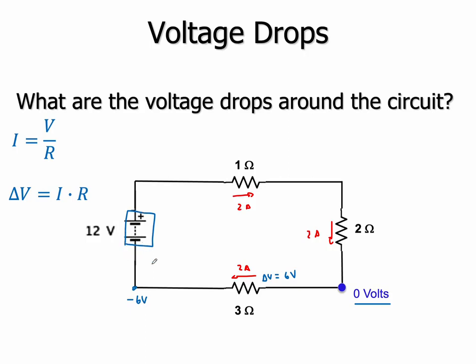The battery is going to allow me to gain 12 volts of potential. What am I going to be here? The answer is 6 volts. Voltage drop across this one is 2 volts, which would put me over here at 4 volts. And then the voltage drop across this one, 2 times 2, is 4. Hey, it works again. It turns out no matter where you put the 0 point, it'll always work out. But if you see a ground statement, always make that the 0 point.